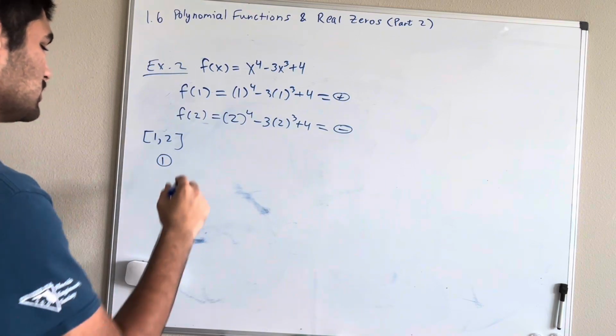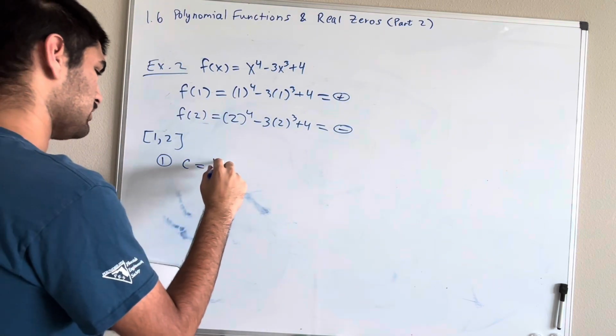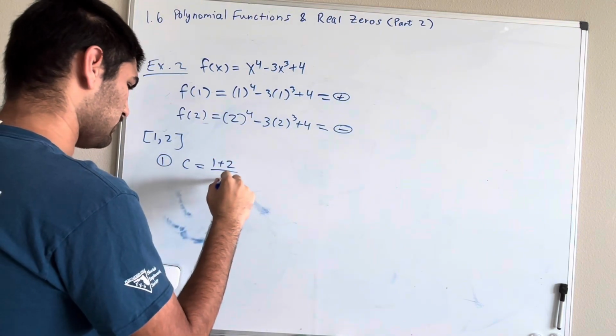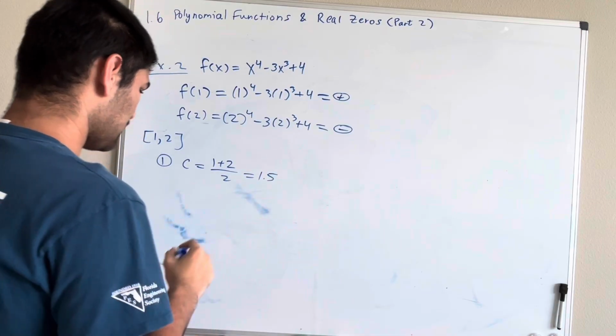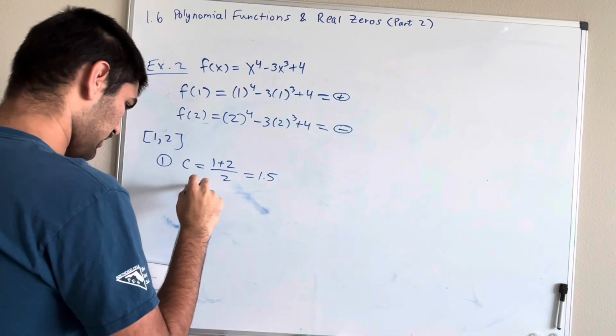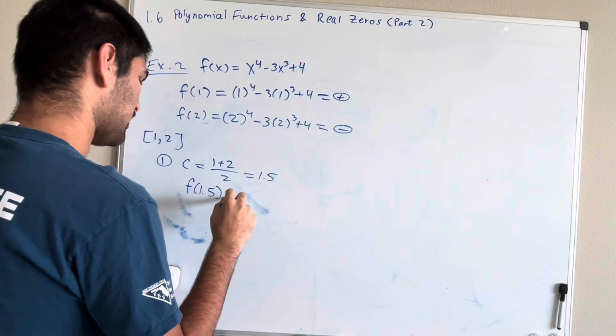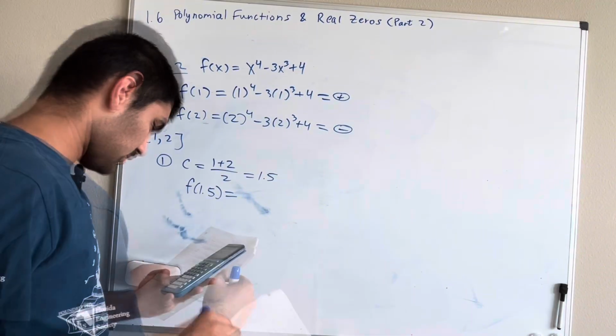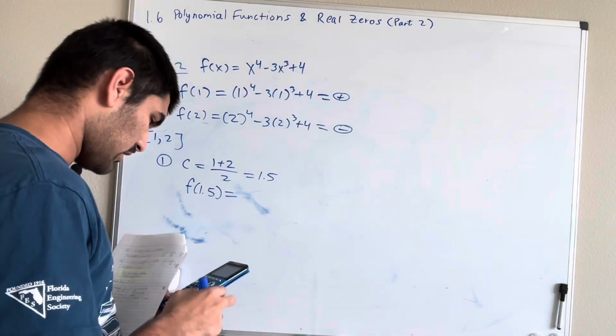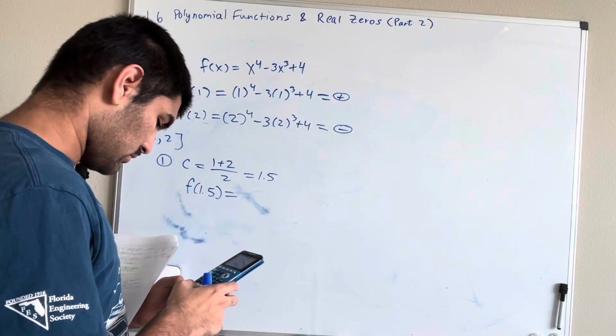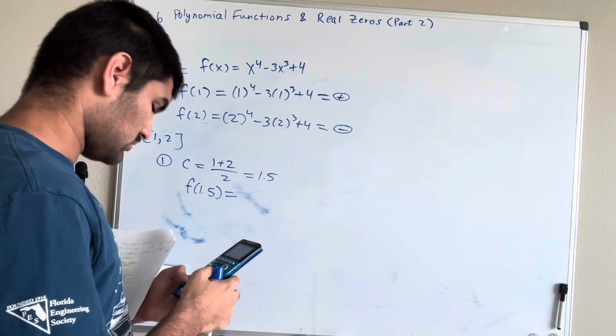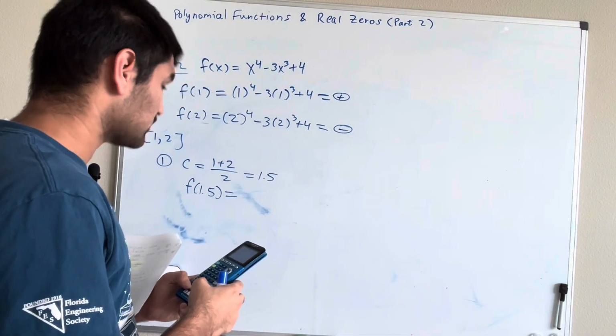First iteration, a, which is 1, plus b, which is 2, over 2, so you get 1.5, and you find f of 1.5. I'll tell you that, okay, so f of 1.5, you get 1.5 to the 4th minus 3.